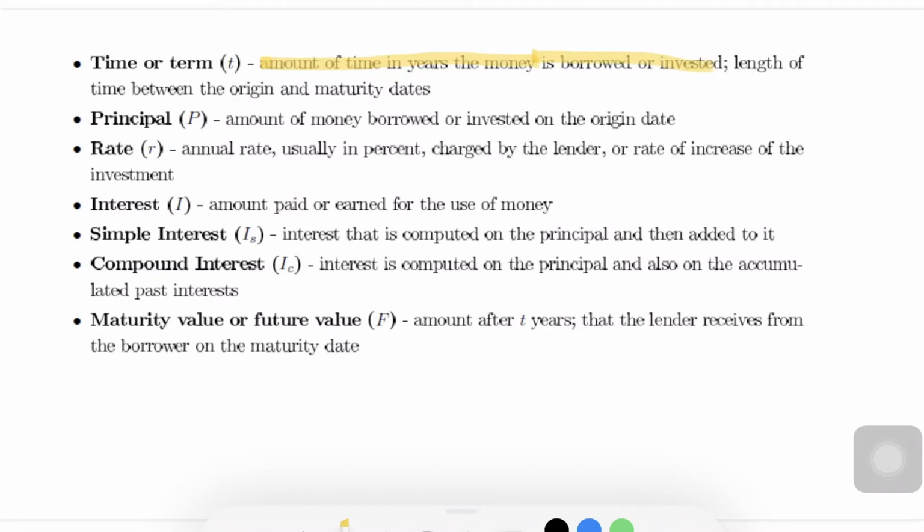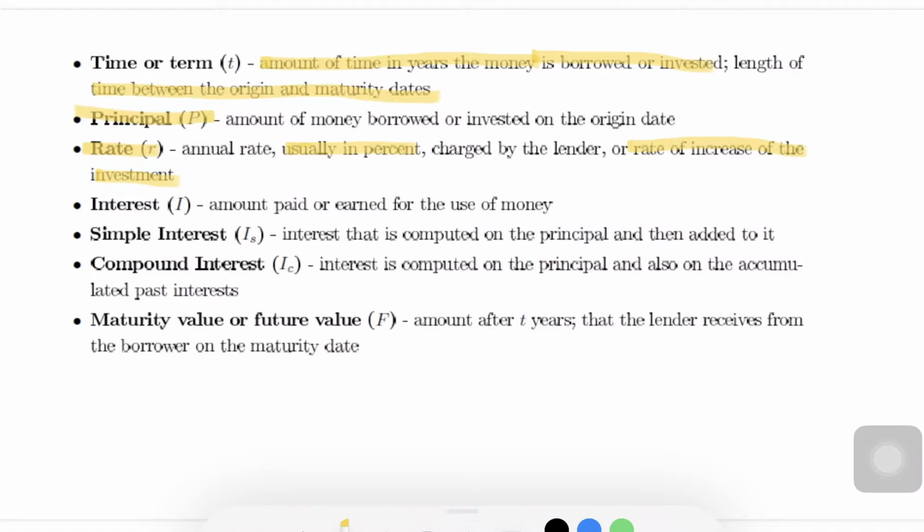It is the time between the origin and the maturity dates. The principal is the initial amount you borrowed or invested. The rate, usually annual rate, is in percent, charged by the lender or rate of increase of the investment.